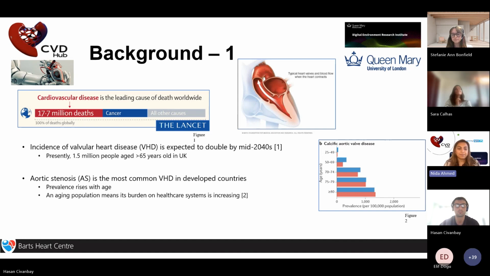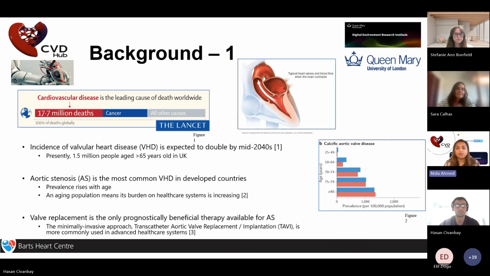Next, please. So when you have severe aortic stenosis, patients suffer from pre-hospital admissions. There's also an increased mortality of about 40% once patients develop symptoms. Now, valve replacement is the only way to prognostically benefit patients and change their trajectory. The minimally invasive approach is called transcatheter aortic valve implantation.